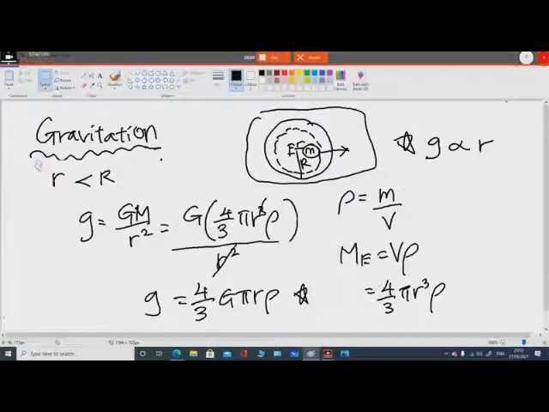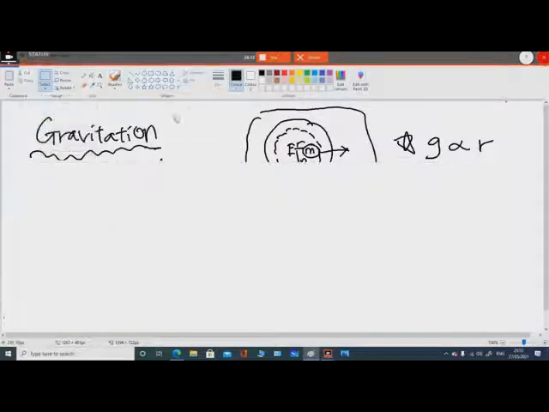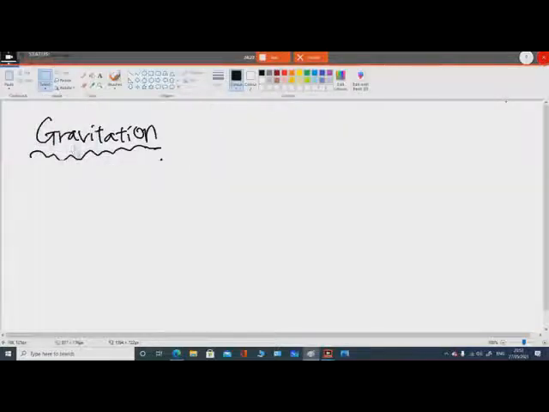Let me erase this one. So how do we represent this gravitational field strength, against the distance between Earth and the object, in terms of a graph? Let me draw a graph here. This is our y-axis.